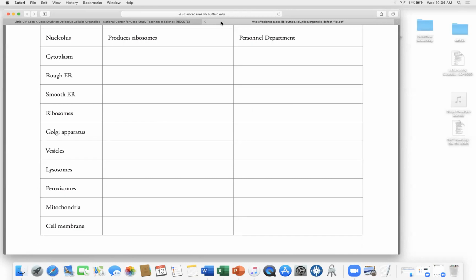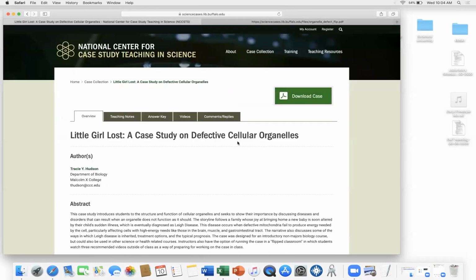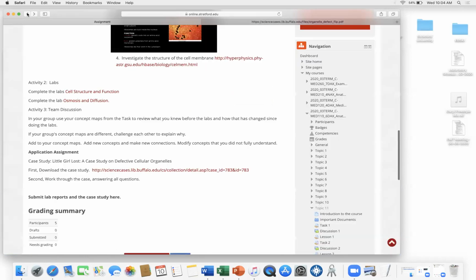Yeah, why not? Right? So do parts 1, 2, and 3. That should be good enough, right? And it kind of relates to the discussion, how defective cellular organelles can actually then downstream present this disease. So that's it for the week.